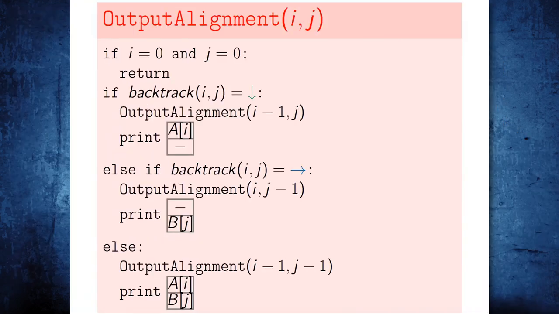If, on the other hand, it corresponds to a horizontal edge, we output a column with B of j in the second row. And if it corresponds to a diagonal edge, we output a column of the alignment with A of i in the first row and B of j in the second row.